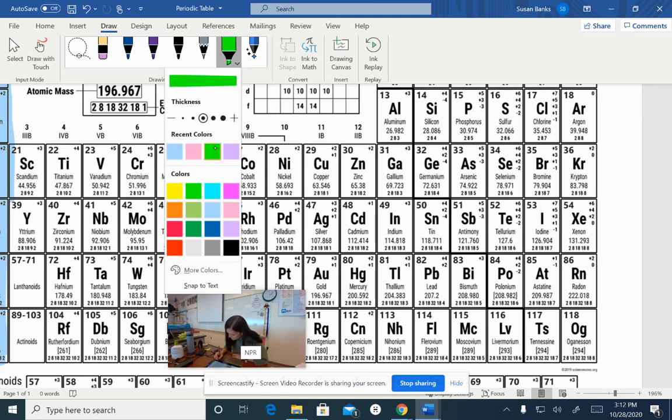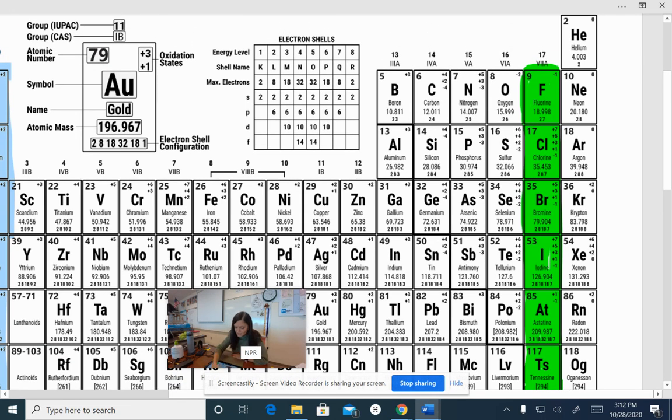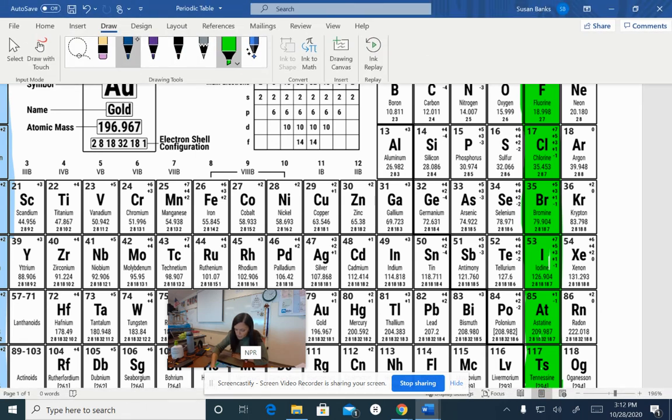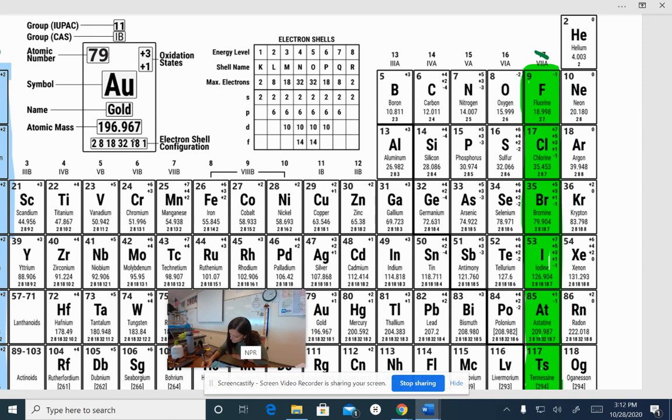We'll do this one in green. So this whole column has 7 valence electrons. Now, the group number here isn't 7, it's 17. So when we look at our valence electrons, we're going to look at just the ones place here. So instead of 17, we're going to say 7 valence electrons. That should be VE with the dash for the electrons.